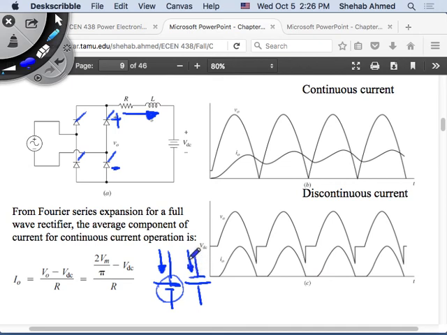Then in this case, I'm putting current into the negative and coming out of the positive. This means the battery is now feeding my AC source. We will do that later in this chapter. So it will be an example of a grid-connected converter. But before we get to that, we have a few minutes left.